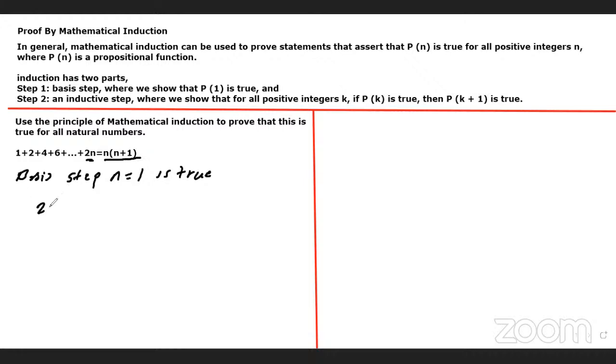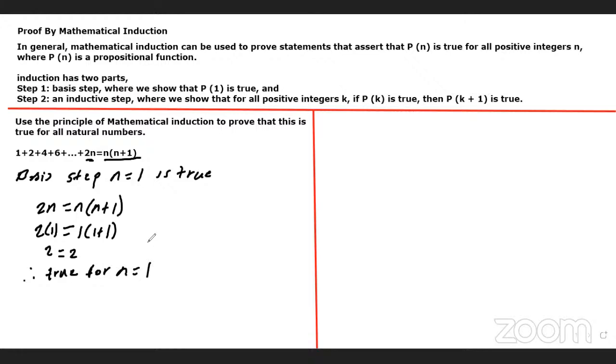So we're going to say 2n equals n times n plus 1. We substitute 1 wherever we see n. So it's 2 times 1 equals 1 times 1 plus 1. That's 2 equals 1 plus 1, which is 2. So 1 times 2 is 2. Therefore, the basis step is true. You can indicate here that it's true for n equal to 1.